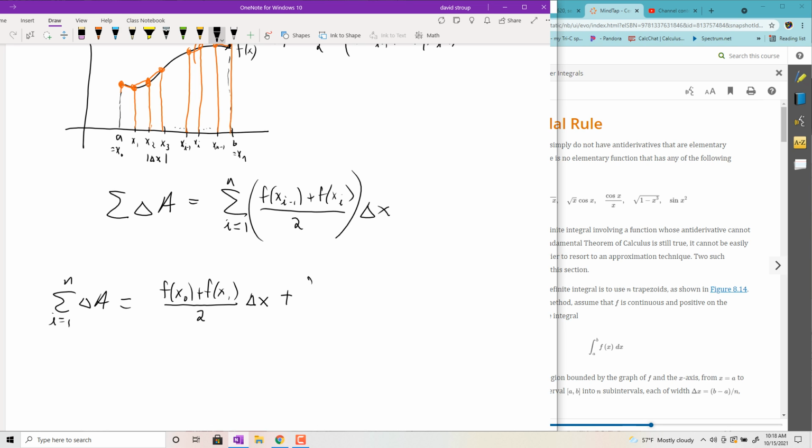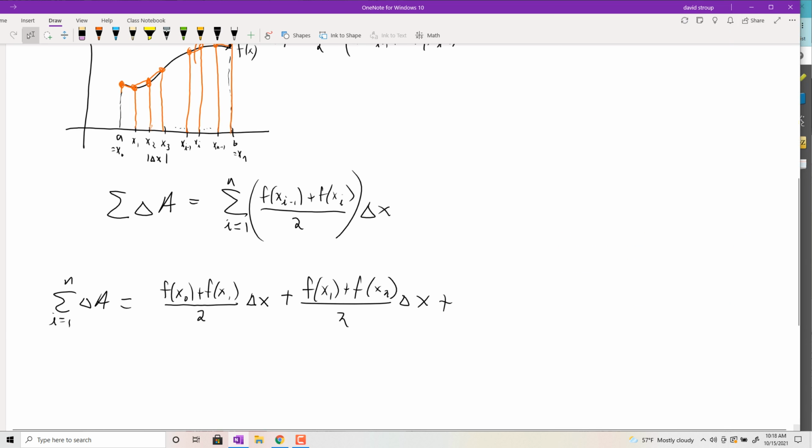plus f of x sub 1 plus f of x sub 2 all over 2 times change in x. So you see there's a little bit of overlap between the expressions, so that f of x sub 1 is in both terms. And then let's do one more, and then we'll go dot, dot, dot.